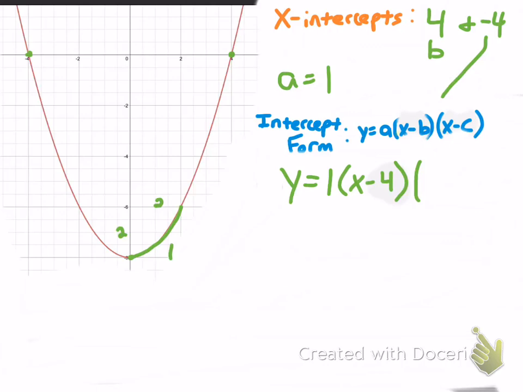And then take your -4, that's your other x-intercept, and make it a +4. And that is your intercept form.